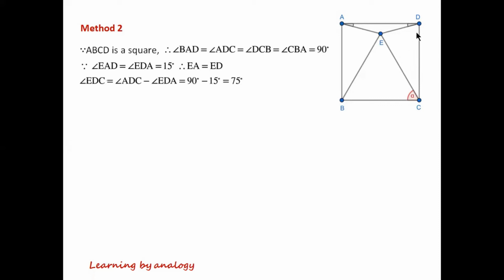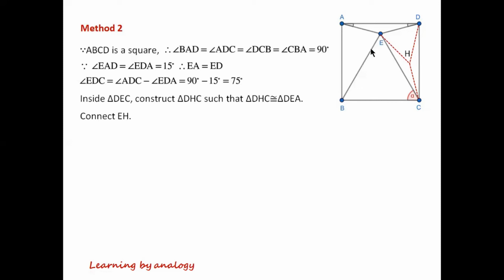Angle EDC equals angle ADC minus angle EDA equals 90 degrees minus 15 degrees equals 75 degrees. Inside triangle DEC, construct triangle DHC such that triangle DHC is congruent to triangle DEA.